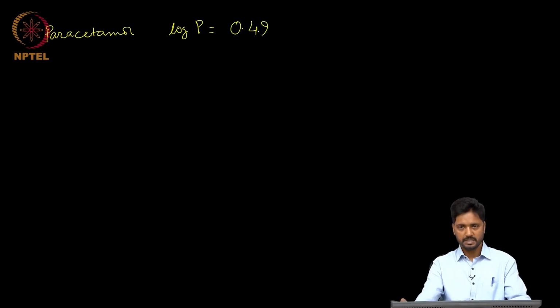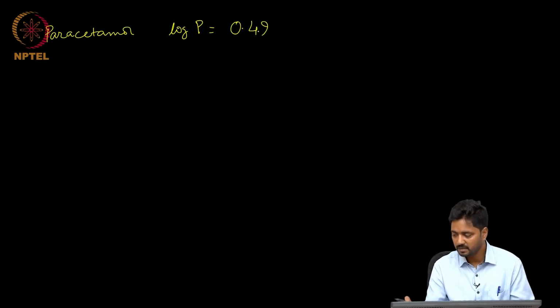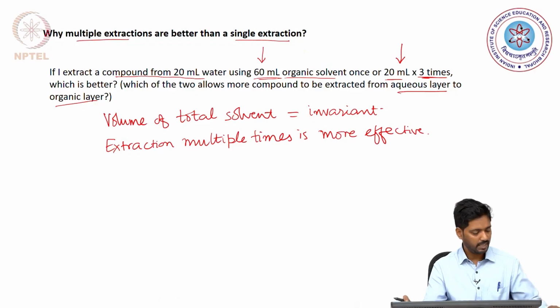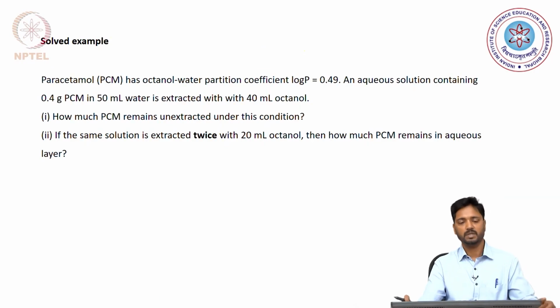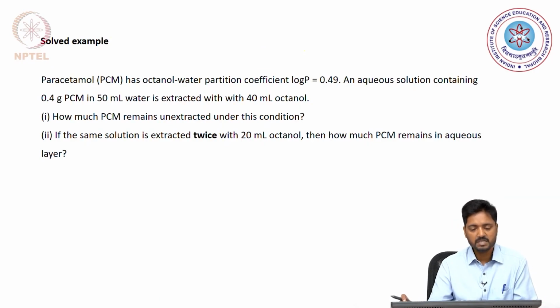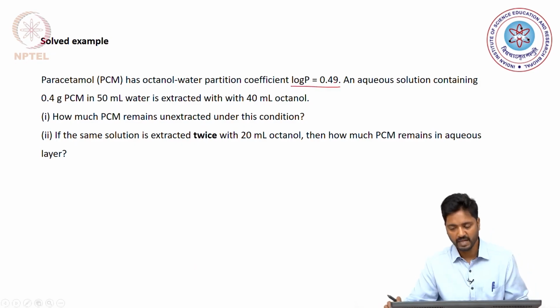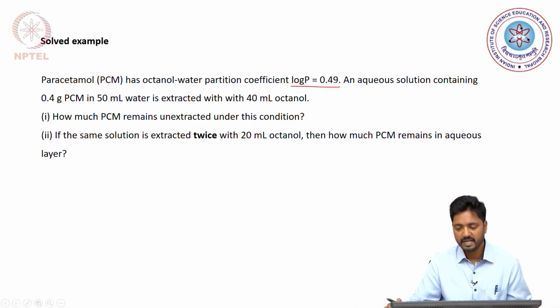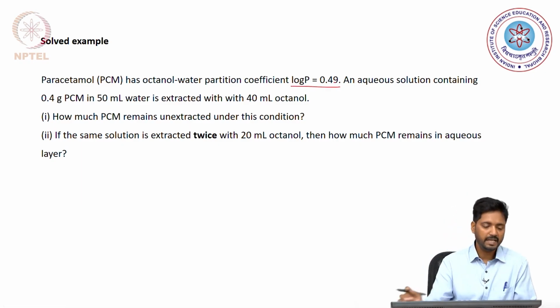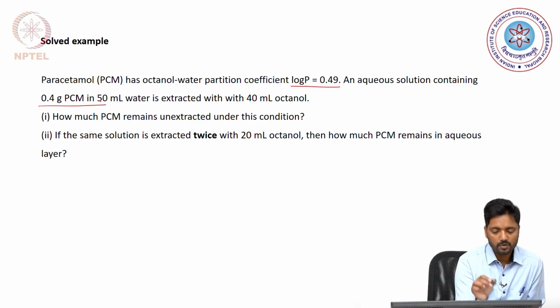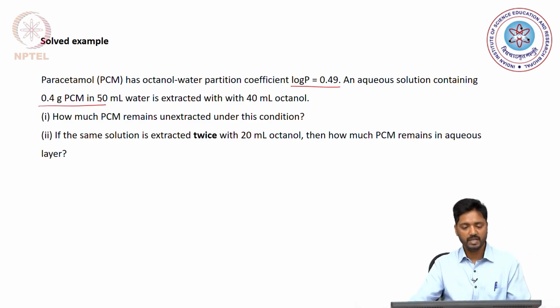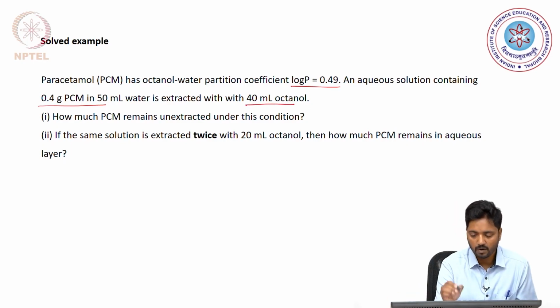This is a literature value, and the question given in the example is that an aqueous solution containing 0.4 gram of paracetamol in 50 ml is extracted with 40 ml octanol.